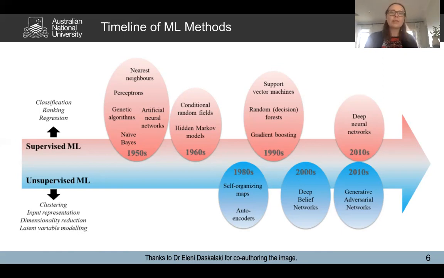More generally, statistical machine learning methods are what we talk about there. Then in 2000s, deep belief networks started to appear, and from 2010, so early 2010s, roughly 2012, deep neural networks started to come big to the field, and they have really started a new era in machine learning.